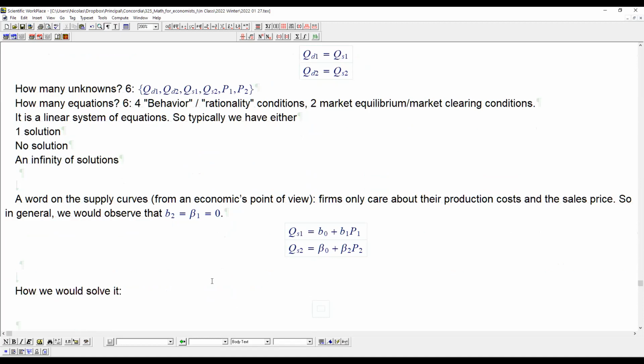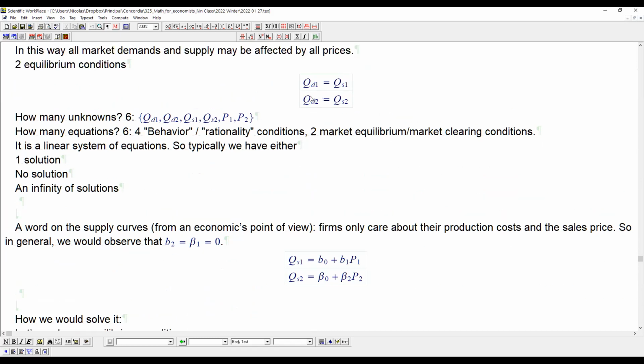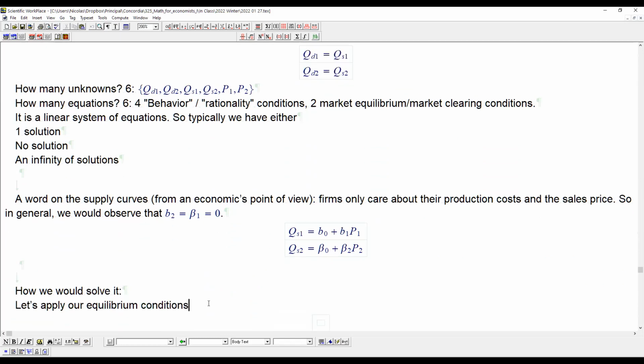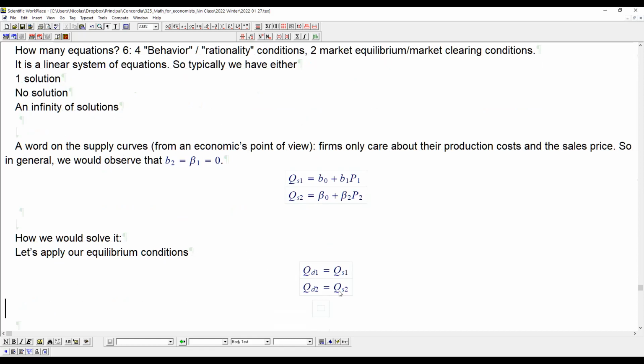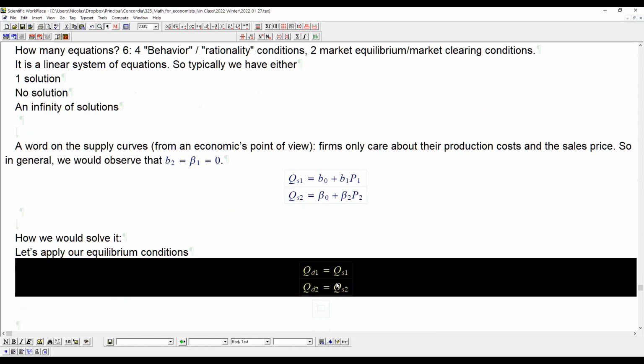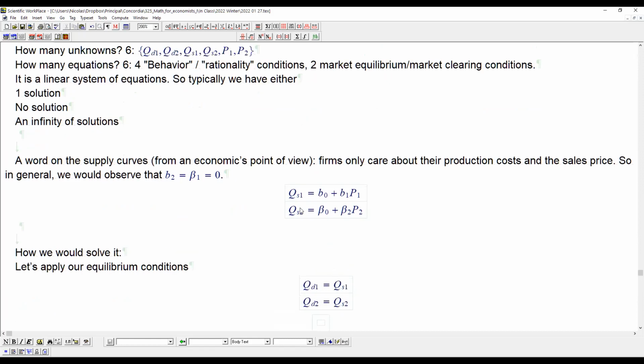How do we solve it? Well, let's apply our equilibrium conditions. I'm just going to substitute it.